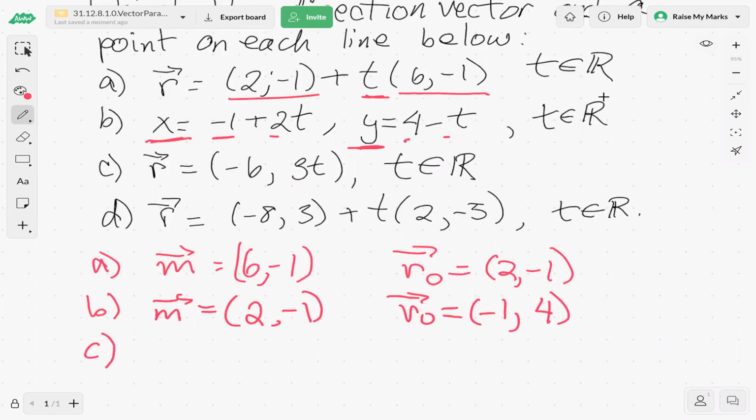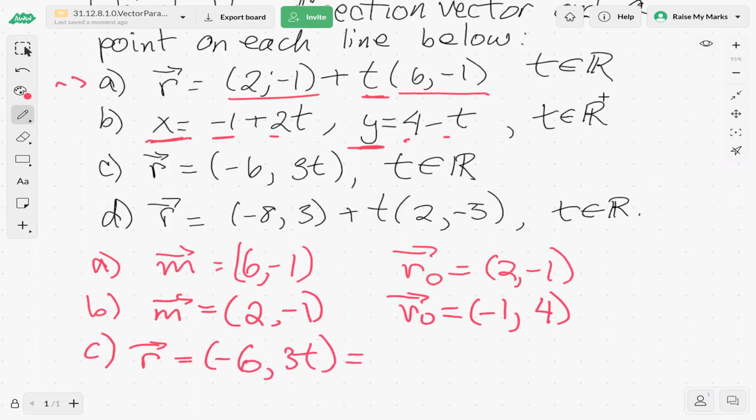Now for C, well, this is interesting. This is a vector form of the equation of a line, written as a simple vector, (-6, 3t). Why don't we rearrange that? Vector r equals (-6, 3t).